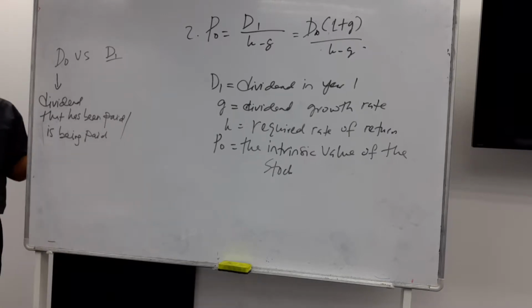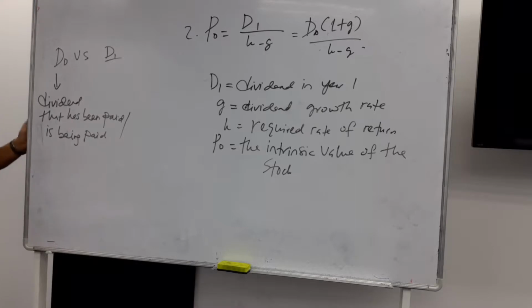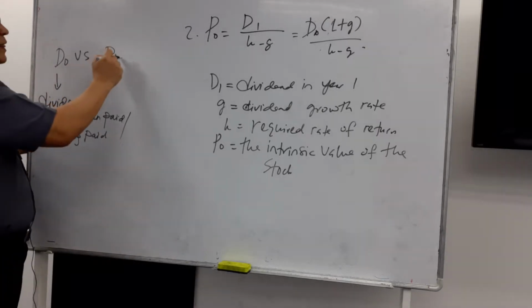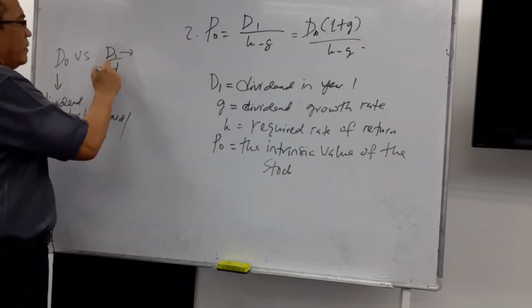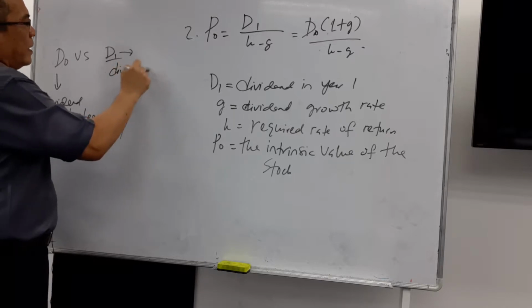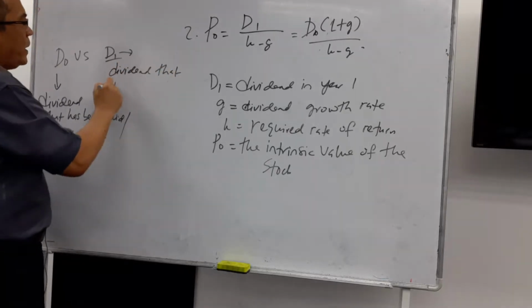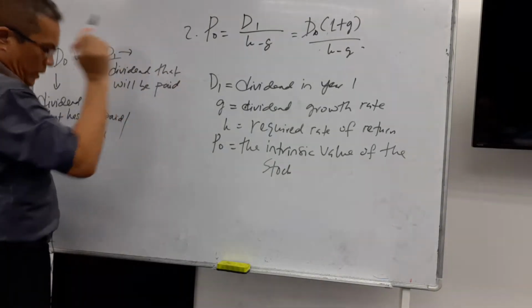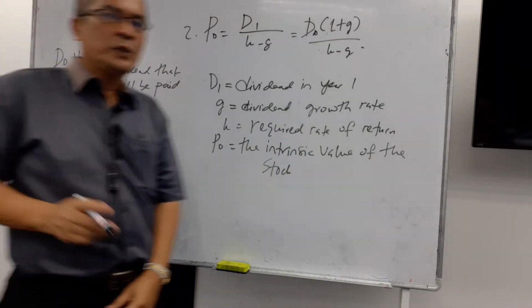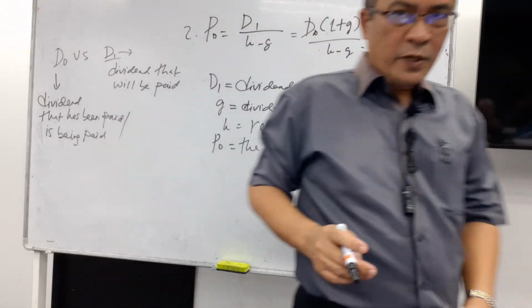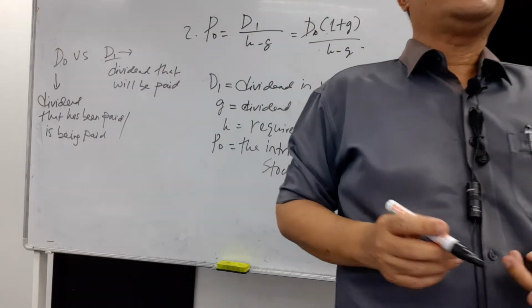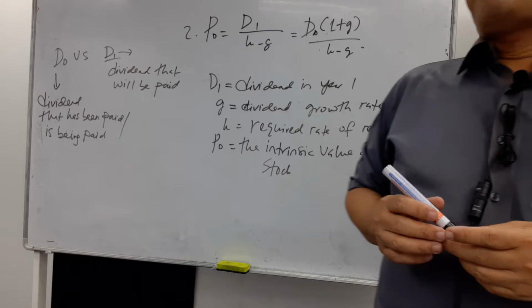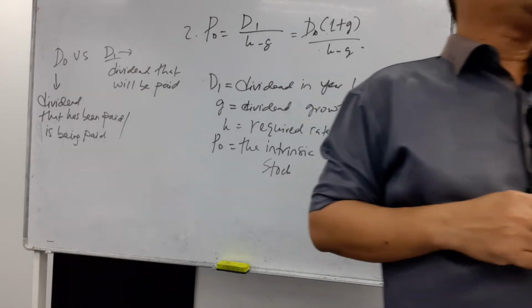Is being paid, sedang dibayar. Okay. D1 is the dividend that will be paid, yang akan dibayar. So it means that the company has not paid the dividend yet. Okay. So you look at the sentence structure.